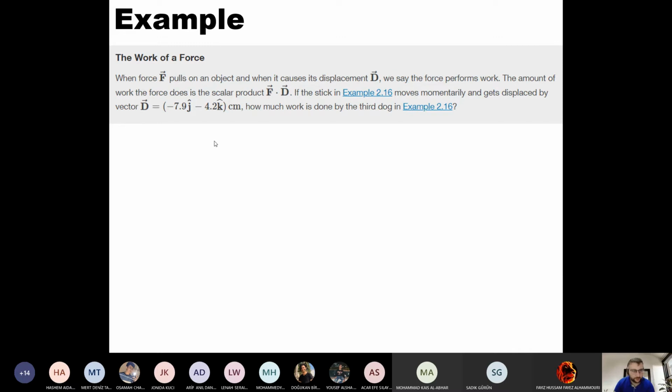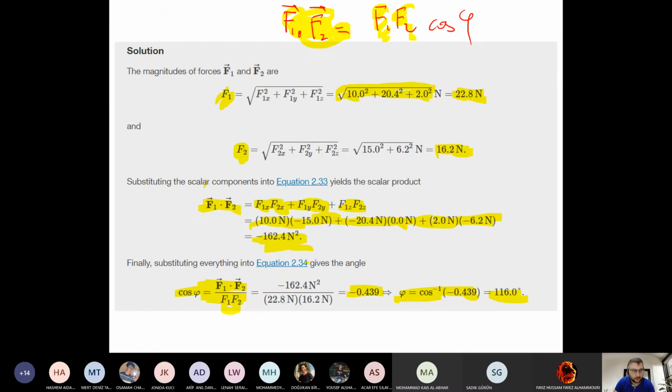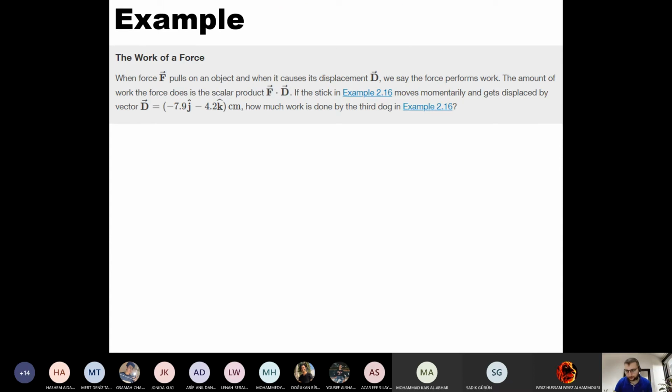So force three, we know force 1 and force 2.